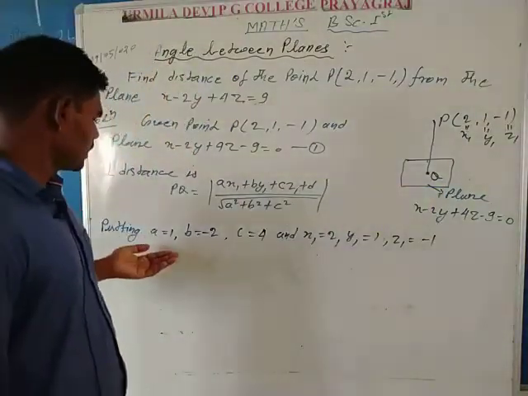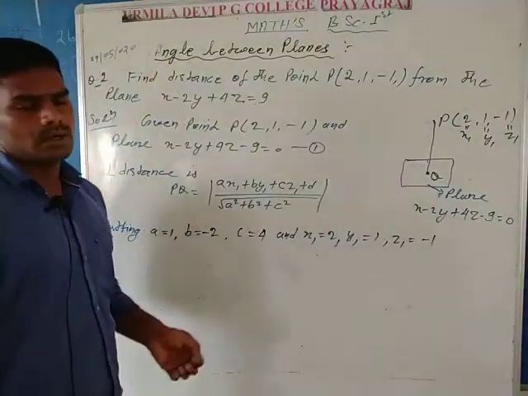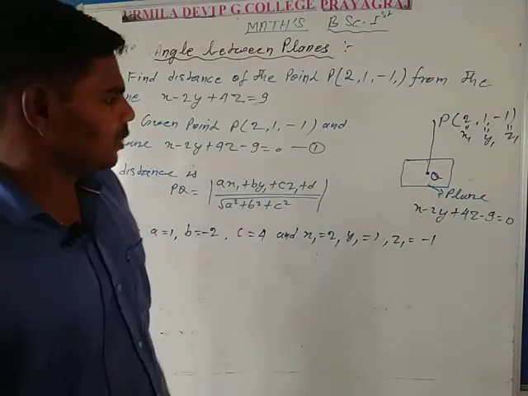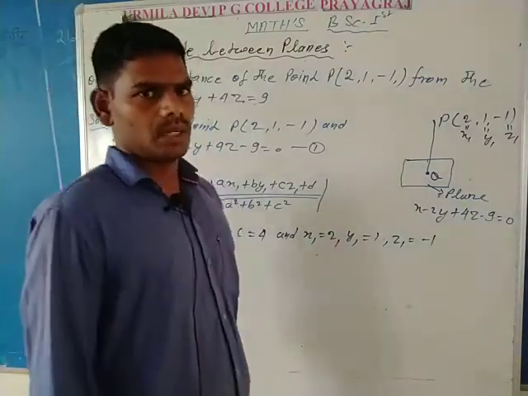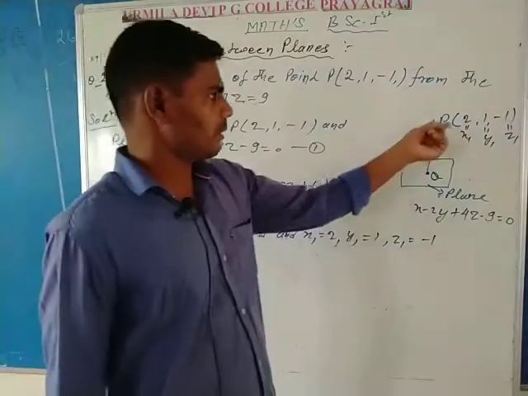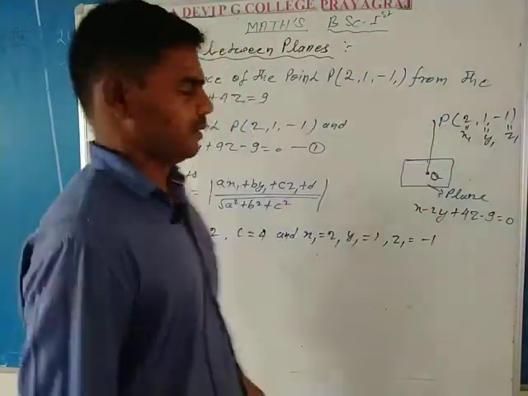If you put these values in this formula, you can easily find the perpendicular length PQ, drawn from the given point P to the given plane.